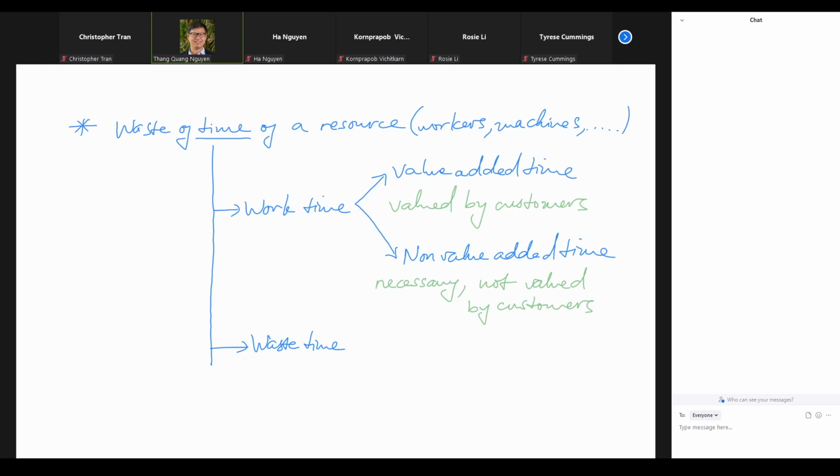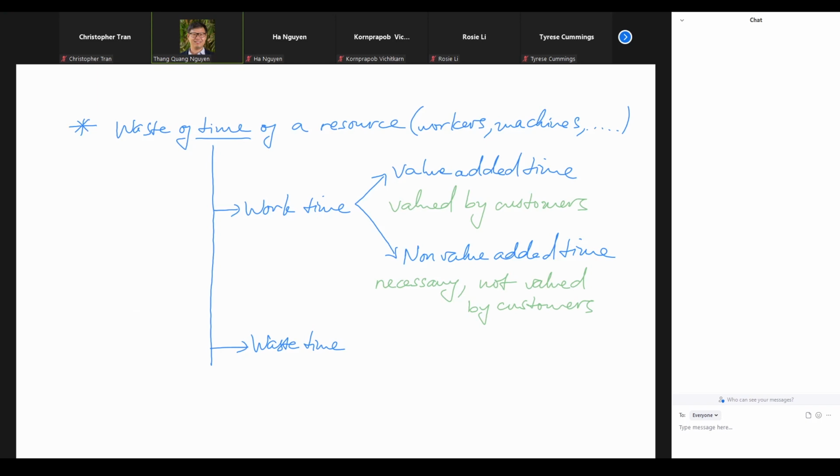And then we do the welding. The welding itself is the value-added activity because later on the customer buys the products, then they appreciate the good welding finish, right? And if it is a broken welding, then of course the customer will not be happy with it. So the welding activity is a value-added activity.